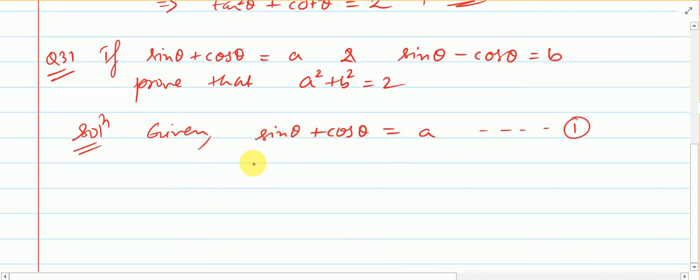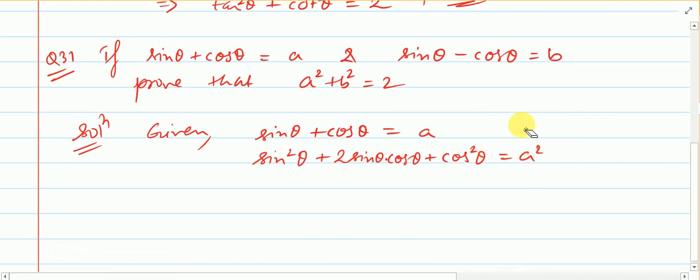Okay, so by squaring I will get sin square theta plus 2 times sin theta into cos theta plus cos square theta is equal to A square.